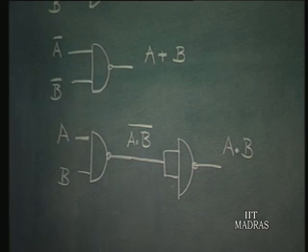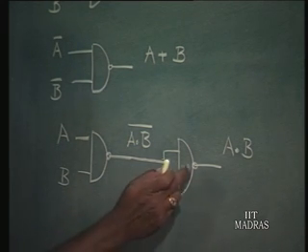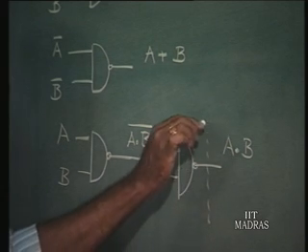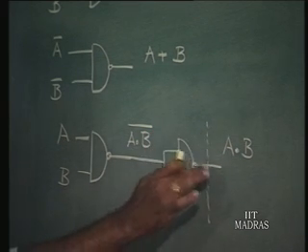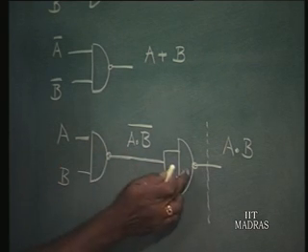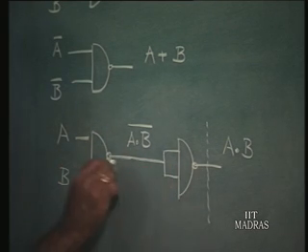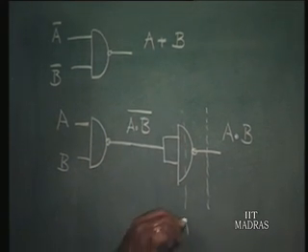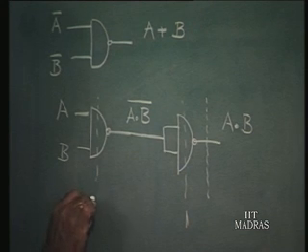In other words, a NAND gate which is two levels away from this output level, this is one level, this is the second level. With reference to this, this is level 1 and this is level 2.